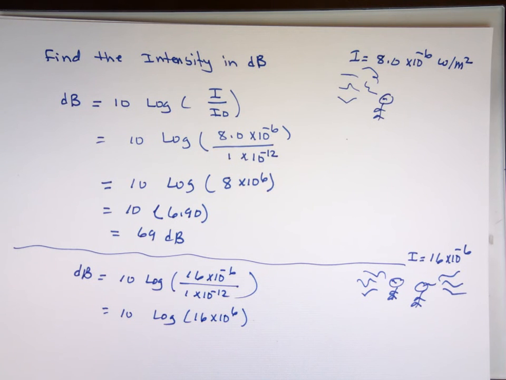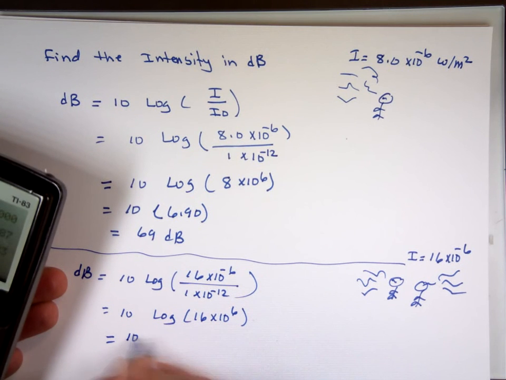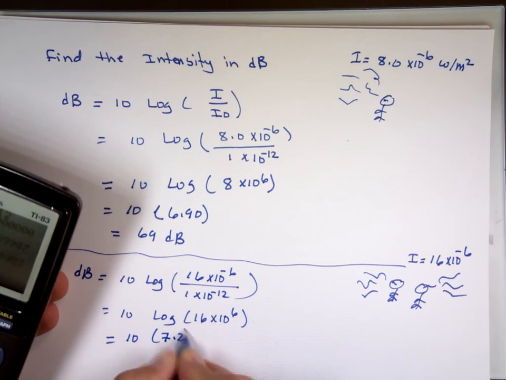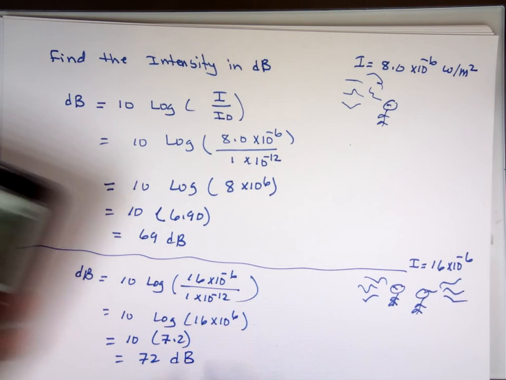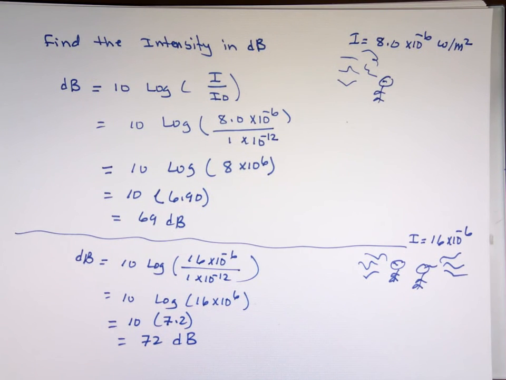Take the log of that. It's 10 times 7.2, and that's 72 decibels. So in terms of decibel, the noise only went up by 3 decibels when you have twins.